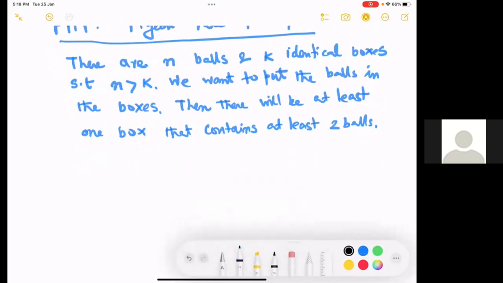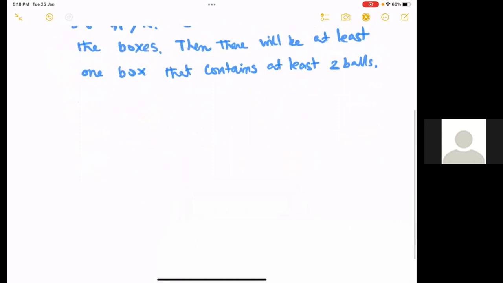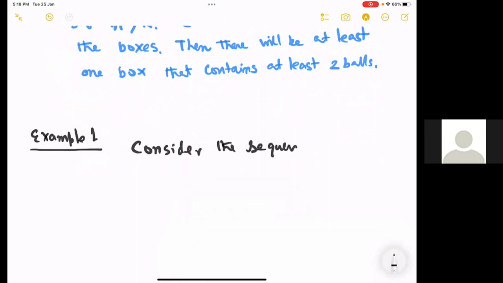So let me take an example. This course will be full of examples as it is discrete math. So my goal is to tell you some examples, how to solve them and how to illustrate them in a brief manner so that others can understand your argument and solution. And then you can write it in your own language.